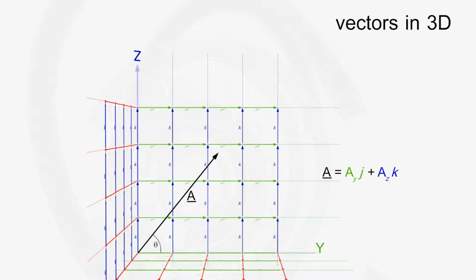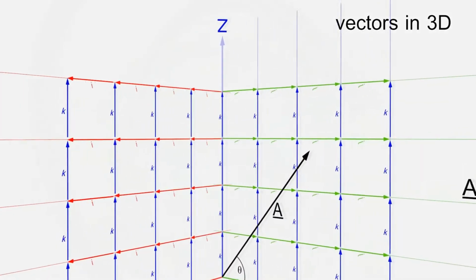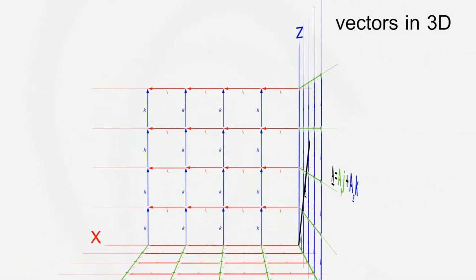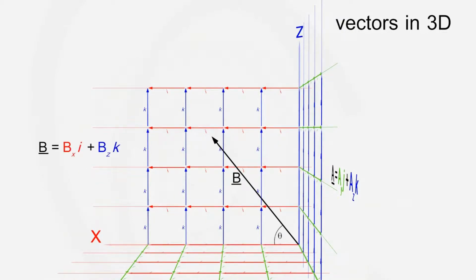A vector that resides in the yz plane will only have green and blue components. A vector that resides in the xz plane will only have red and blue components.